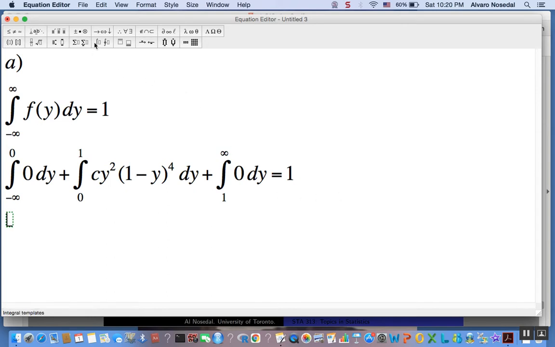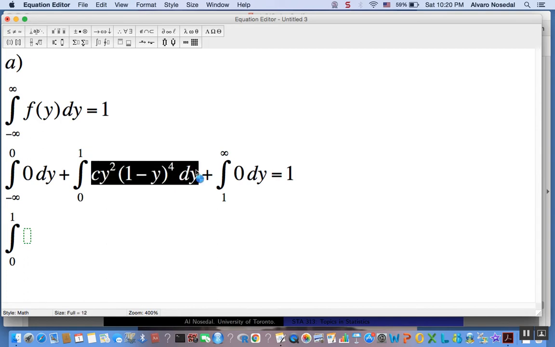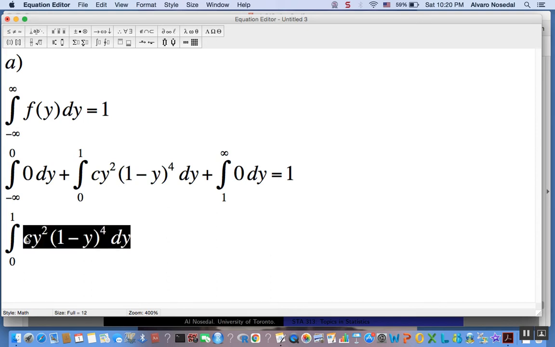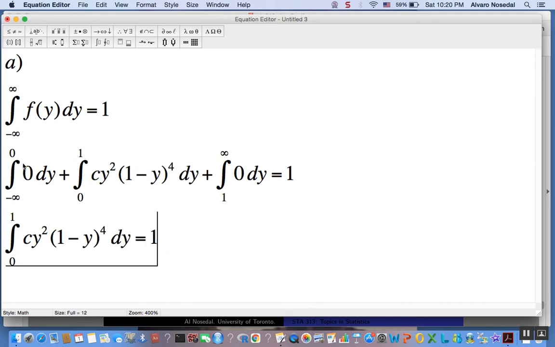We know that the only part that matters is the one in the middle, the integral from 0 to 1 of this, and that must be equal to 1, because the first integral and the last integral are going to be equal to 0.